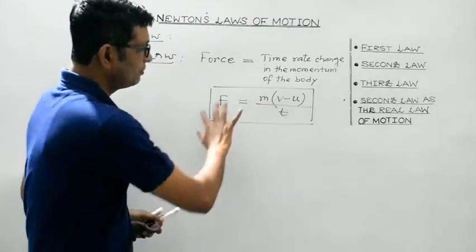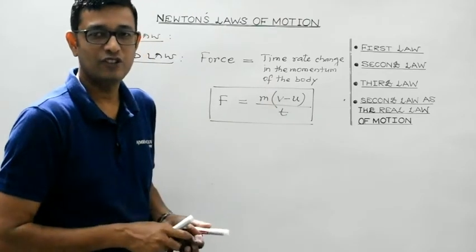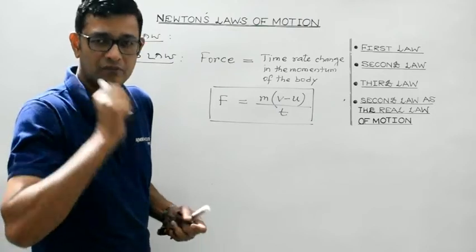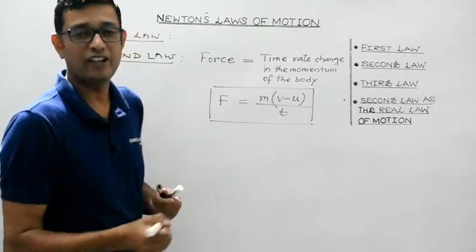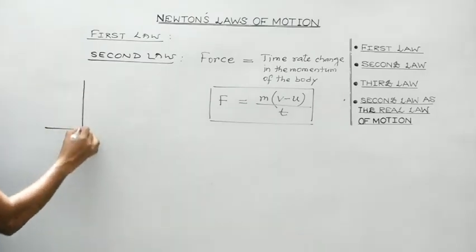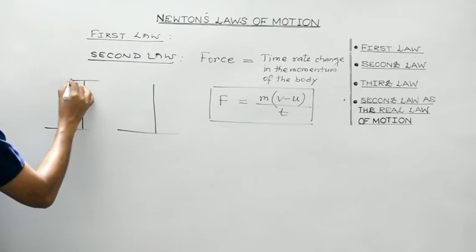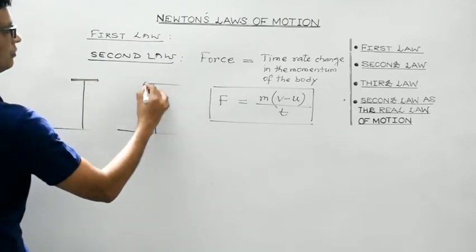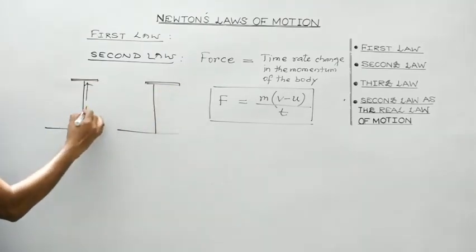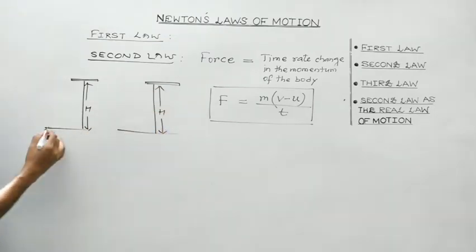Now, using this mathematical expression, there are various applications of Newton's second law. I'll give some very, very interesting applications. For example, this is a building and this is the roof, and same building, so it will be of the same height, and this is a pucka floor.